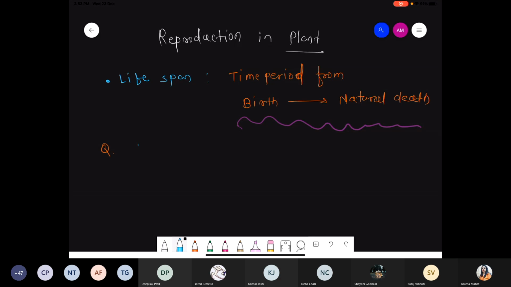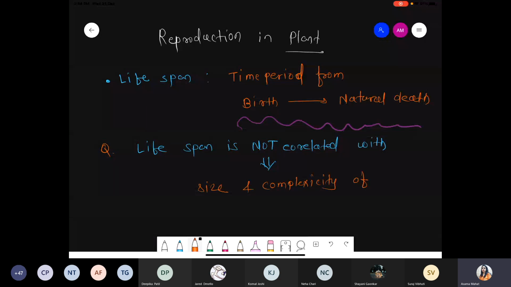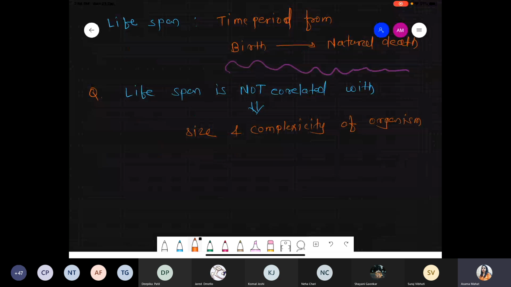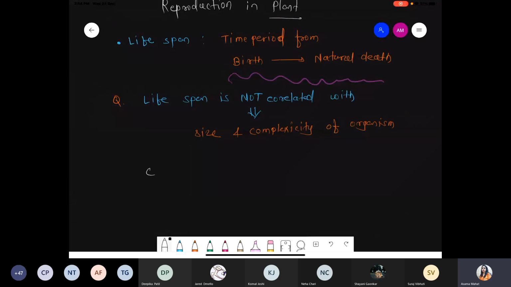Very important point. Lifespan is not correlated with size as well as complexity of the organism. So to understand this concept, we are taking one example, a bird, the crow, and we compare it with the parrot.